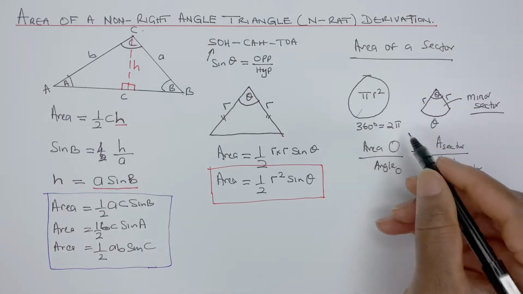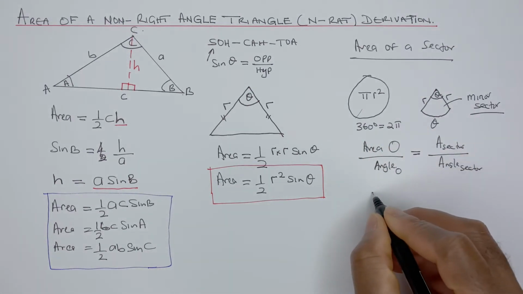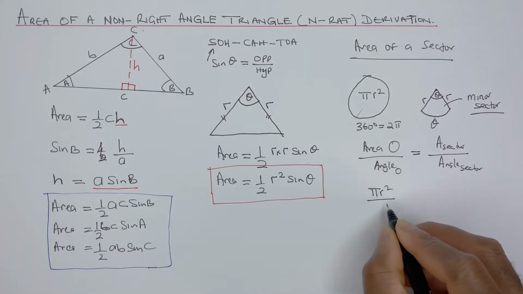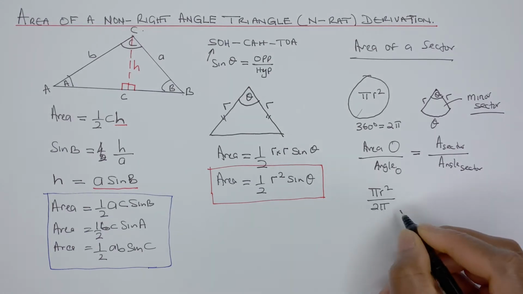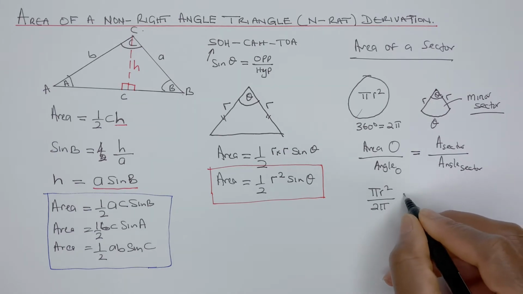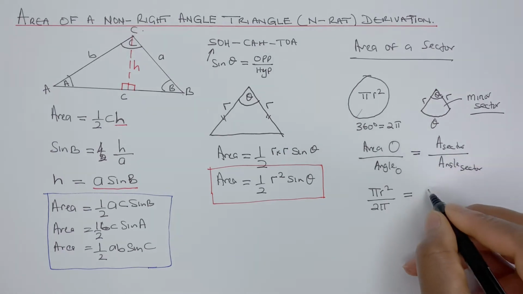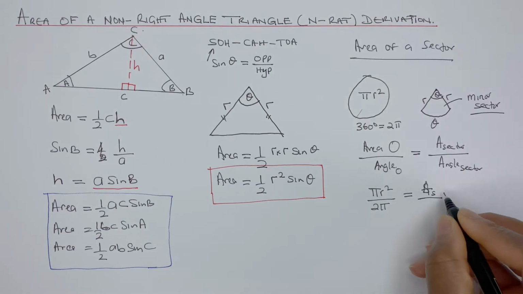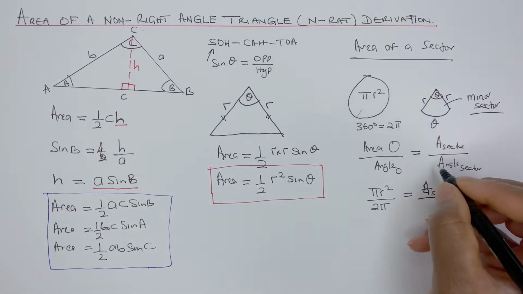So what's the area of this circle? That's pi r squared divided by 2 pi, and that should be equal to the area of the sector, which is what we're looking for, divided by the angle of the sector, which is theta.